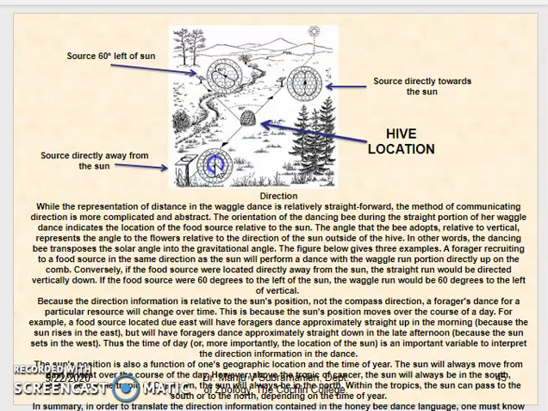And if it is away from the sun, then they will move downwards. They waggle and move downwards, which denotes that the food source is away from the sun. So this is the information that is communicated in the hive, and everything is with respect to the hive and the sun. So that's all about the communication.